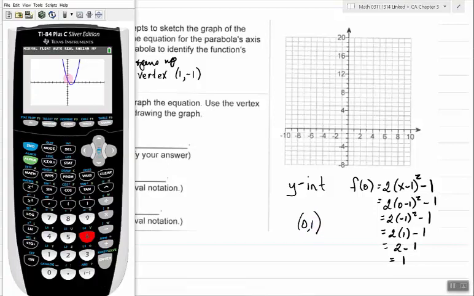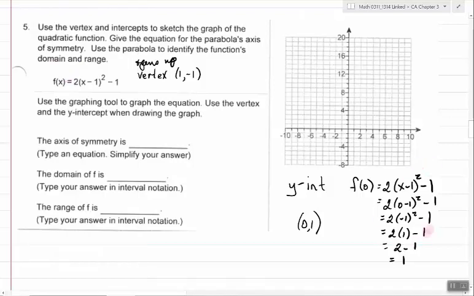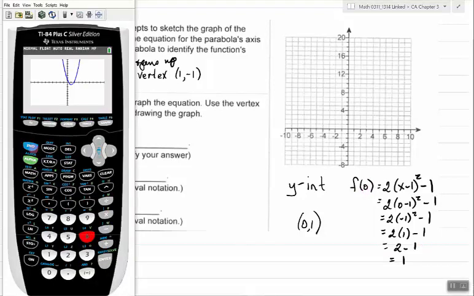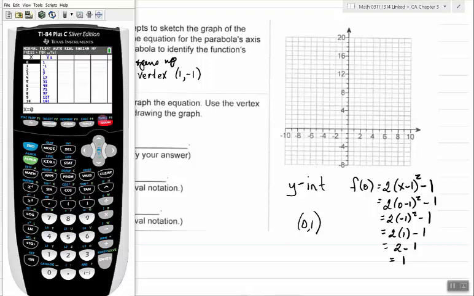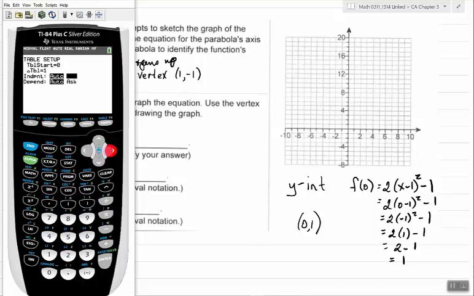There it is. Now, instead of doing it this way, you have an x value of 0, you're looking for a y. So what you could do is do second table, and let me set this one. Second table set, change that to ask. That's what I always do.